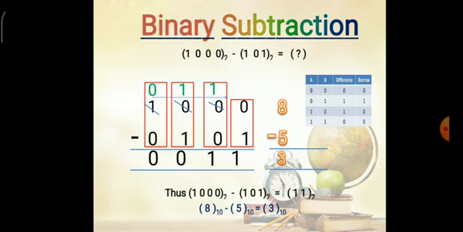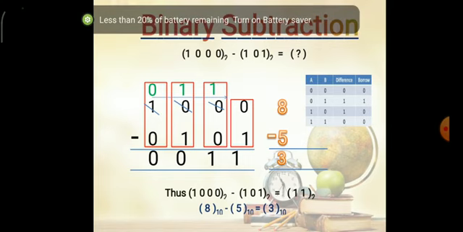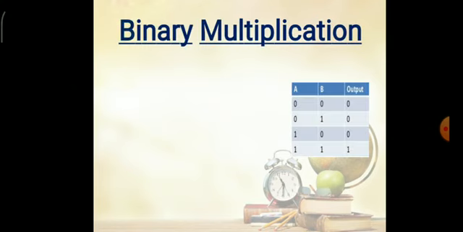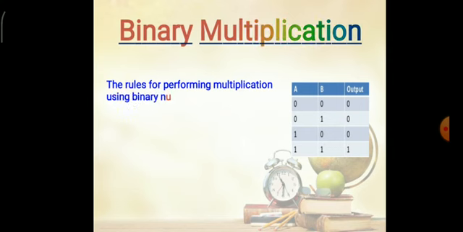Students, I hope you have understood the binary subtraction process now. You can practice the given problems in the textbook. Let us understand the binary multiplication and binary division. The binary multiplication is the same as the decimal multiplication.